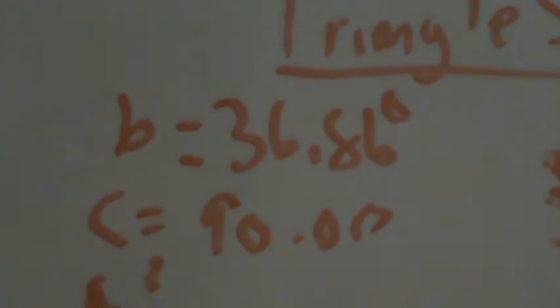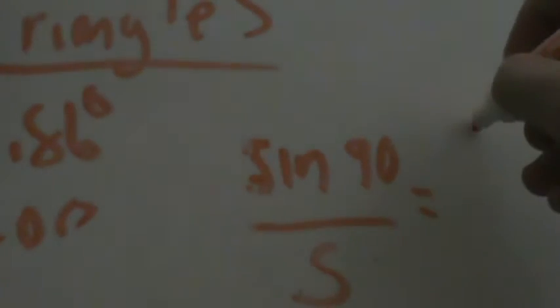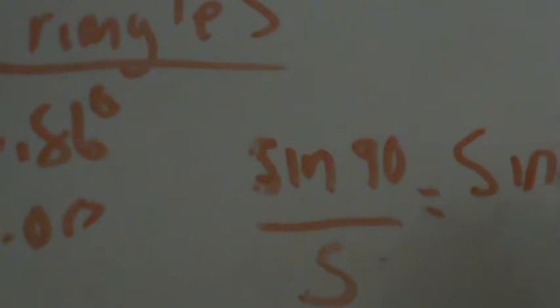We can say sine of 90 over 5 equals sine of A over the side that corresponded to A, which was 4.